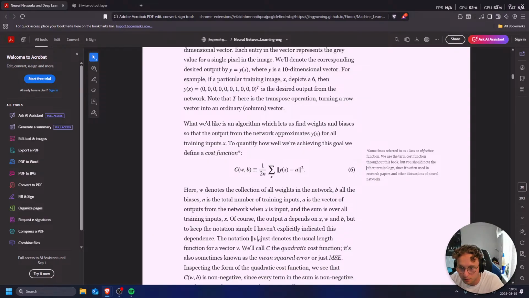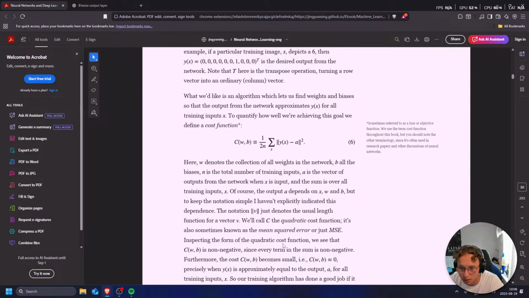But to keep the notation simple, I haven't explicitly indicated this dependence. The notation, which is two brackets, just denotes the usual length of the function for a vector. We will call C the quadratic cost function. So it's the quadratic cost function.